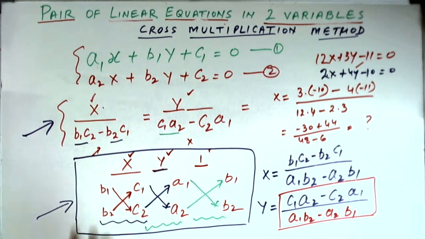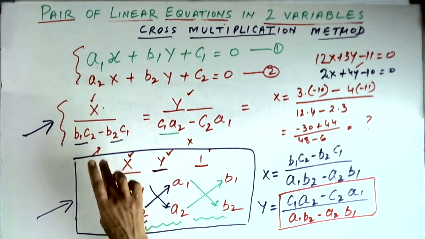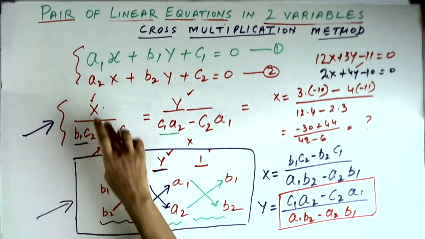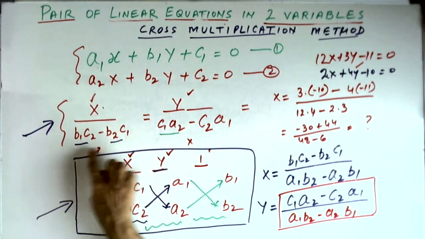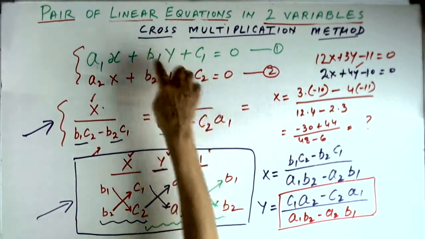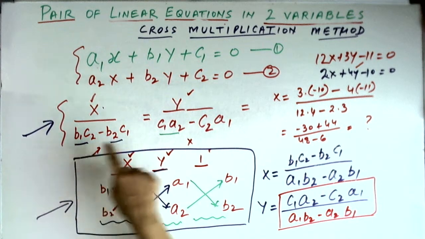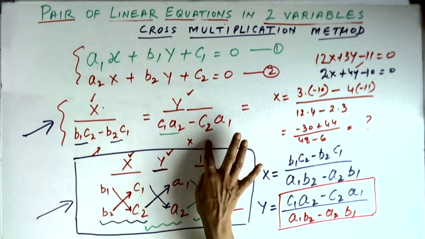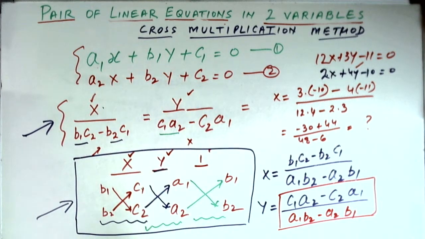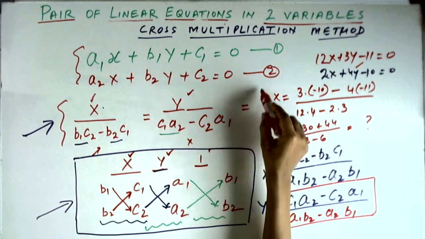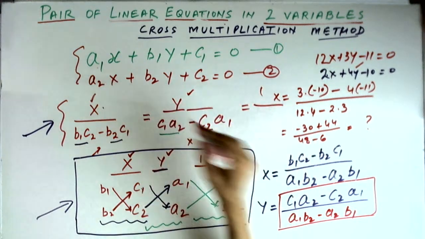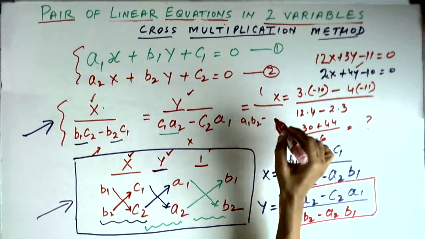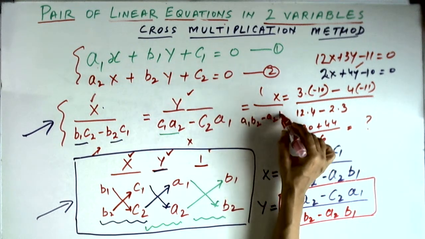For these coefficients we have a formula from the cross multiplication method: for x we have the coefficients of b and c cross multiplied, for y the coefficients of c and a cross multiplied, whereas for 1 we have a1 b2 minus a2 b1.